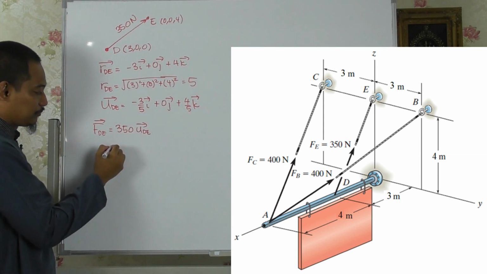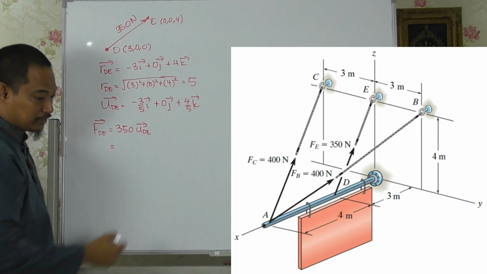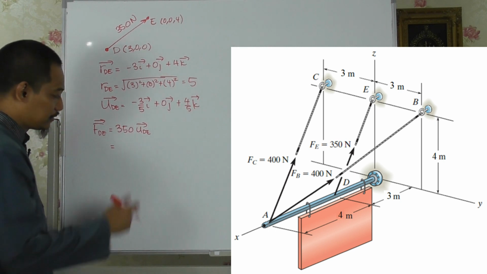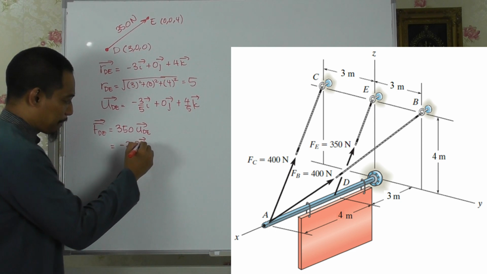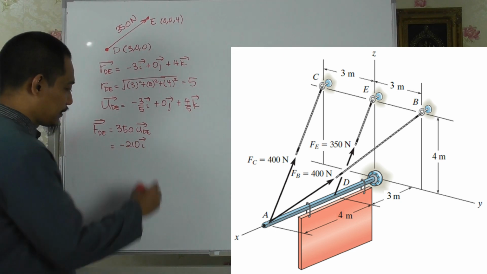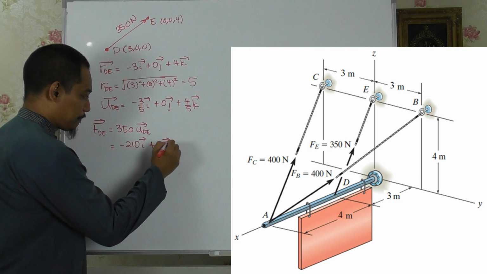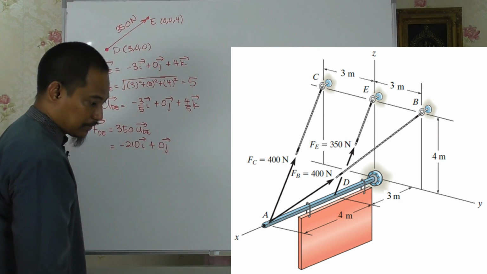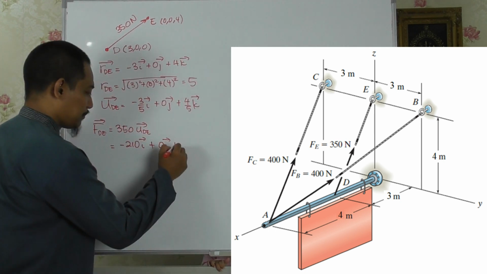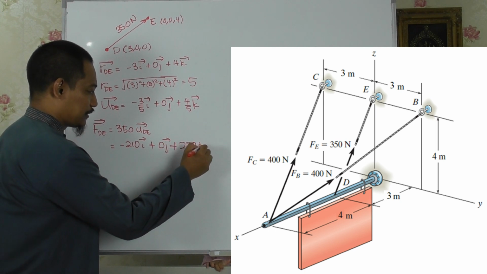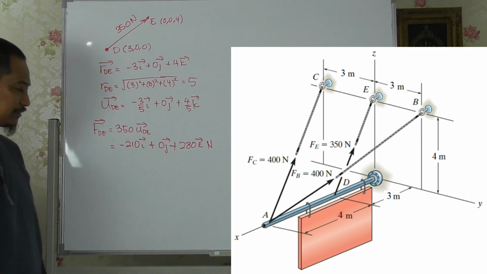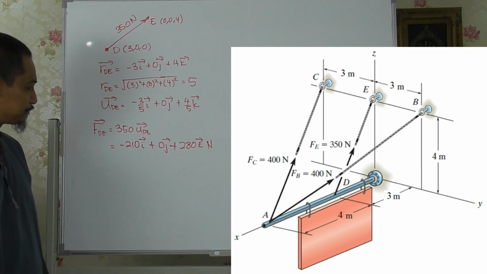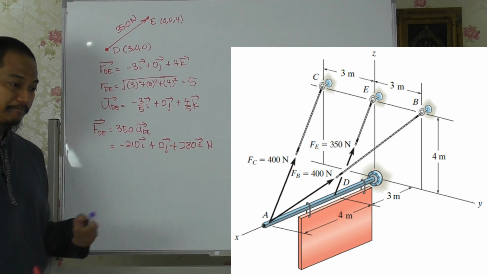If you multiply 350 by all of this, you get negative 210I plus 0J plus 280K Newton. So that is FDE as a Cartesian vector.